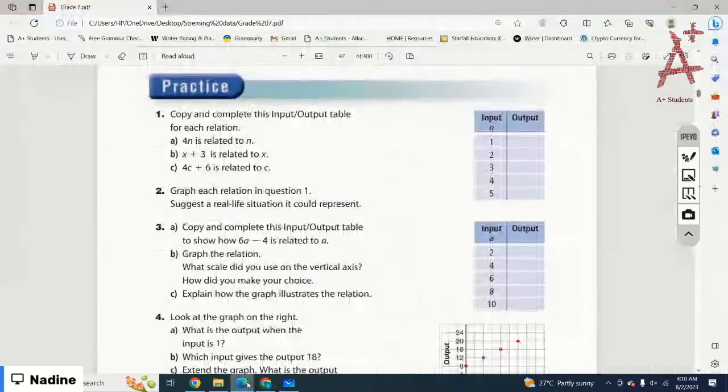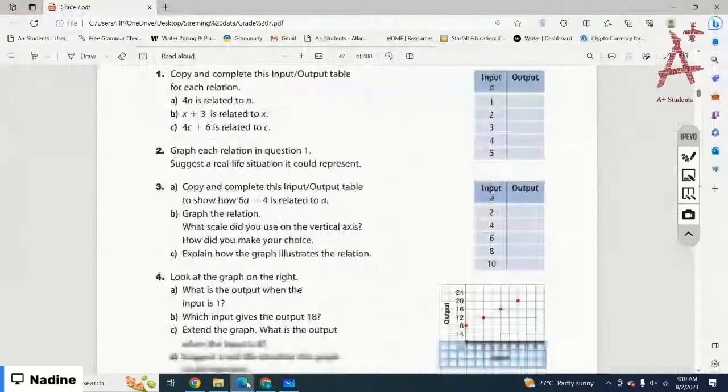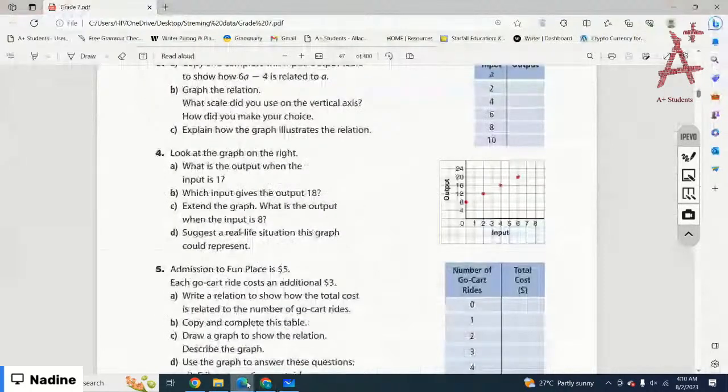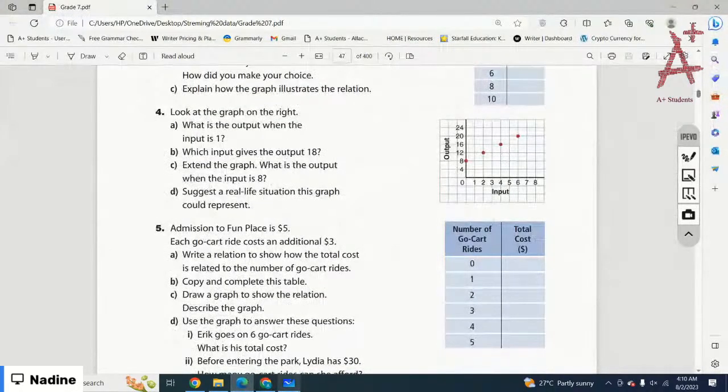Okay, the B part is explain how the graph illustrates the relation. Whenever the graph is a straight line, that means the relation is a linear relation. Got it? Okay, look at the graph on the right. What is the output when input is 1?